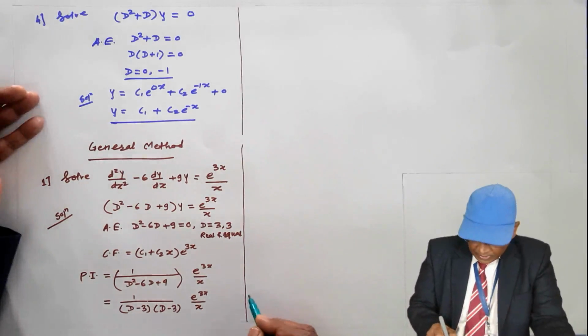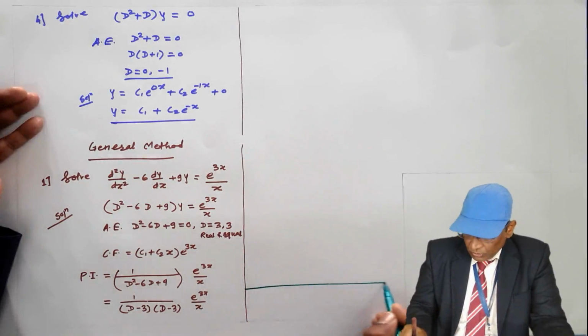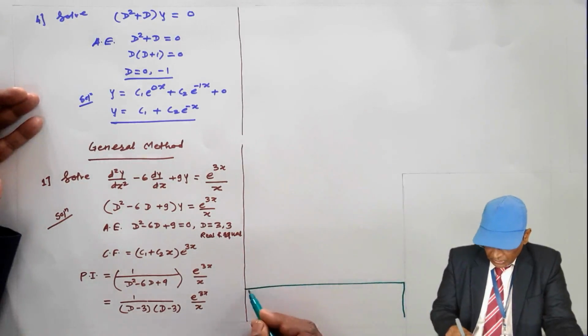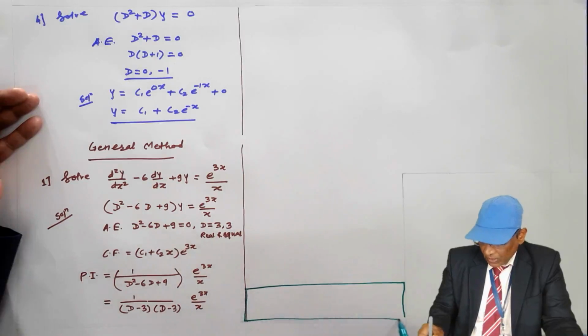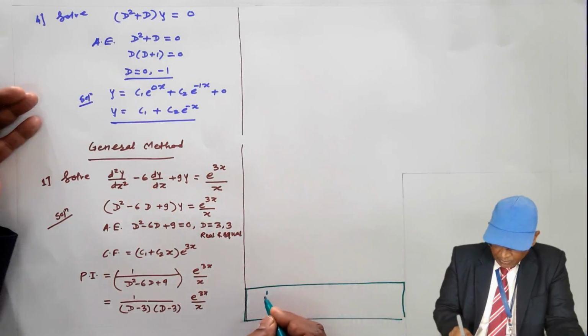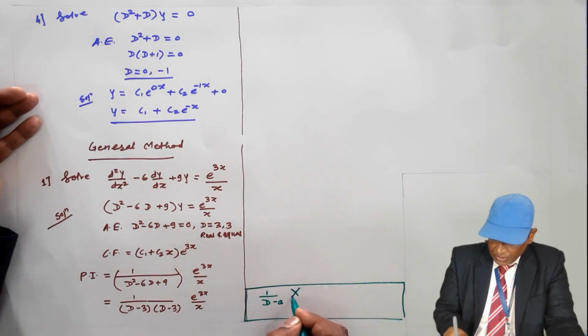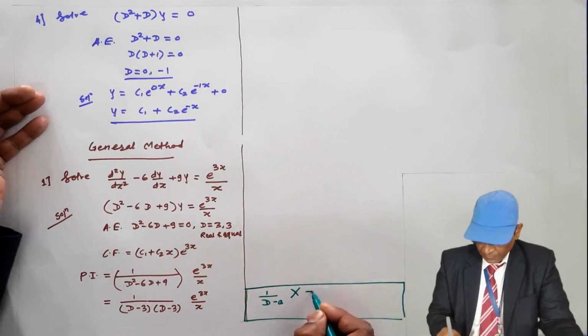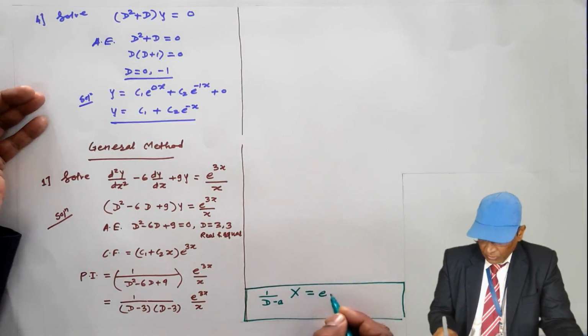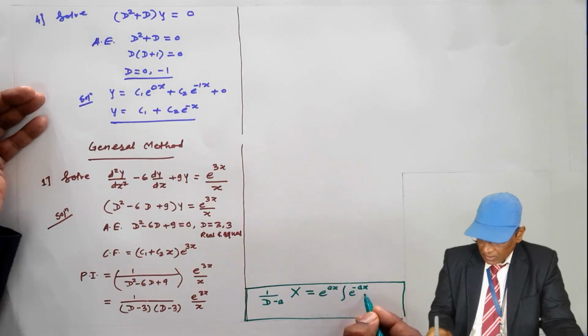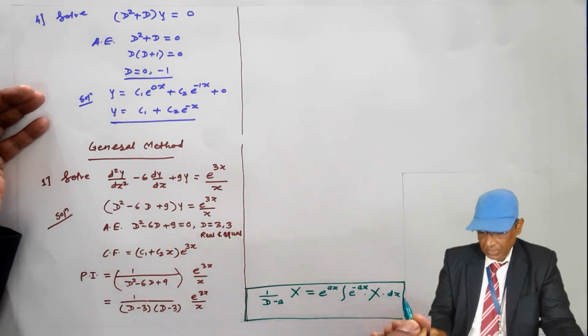When you operate it, you have to use this important formula. What is the formula? 1 by D minus a on a function of x, capital X, is equal to e to the power ax integral e to the power minus ax multiplied by capital X dx.